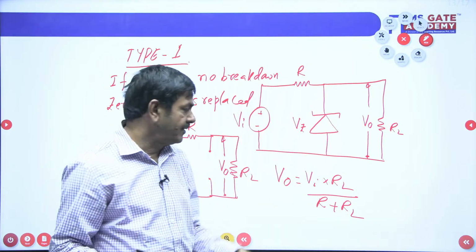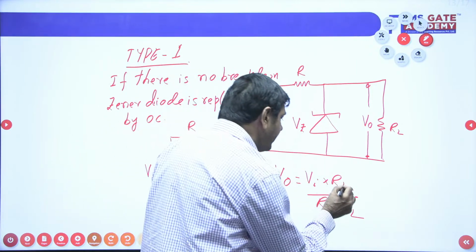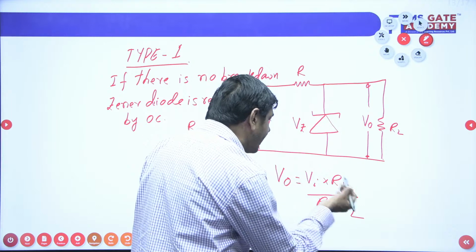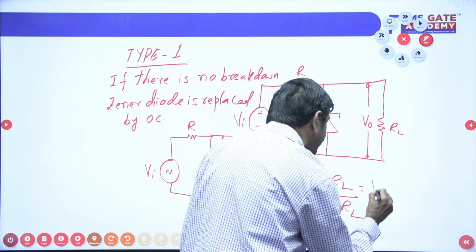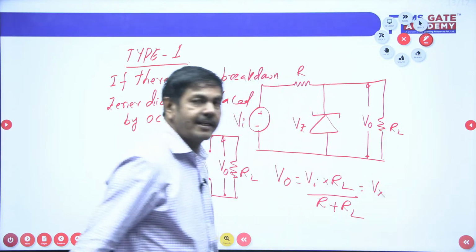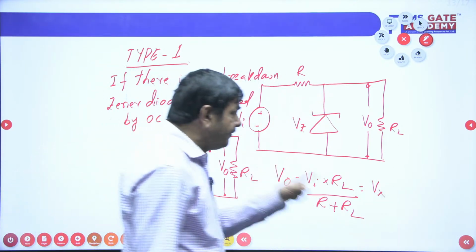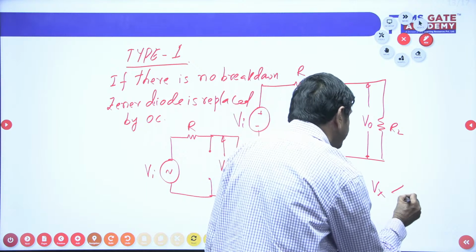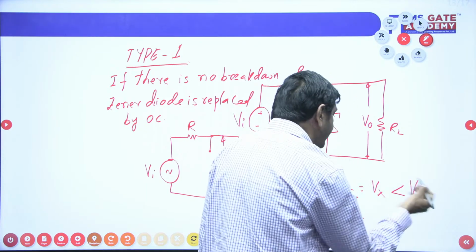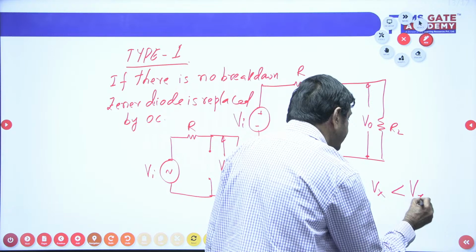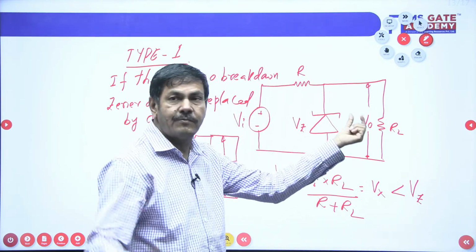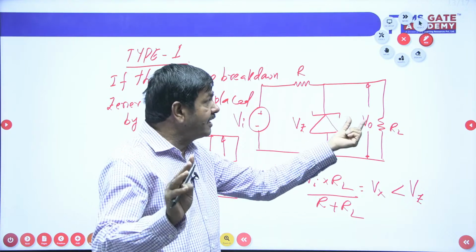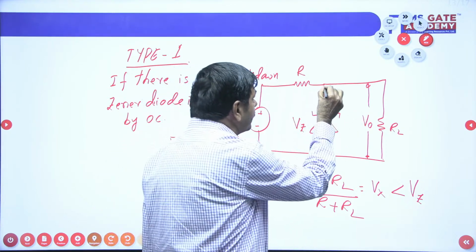You can understand. Suppose Vi is given, RL is given, R is given, and I calculated V naught. Suppose I got V naught equal to some voltage, Vx, that I have taken. Suppose that Vx is less than Vz. This is a 5 volt Vz, and I got V naught as 4 volts only. 4 volts means this node voltage is the same 4 volts.